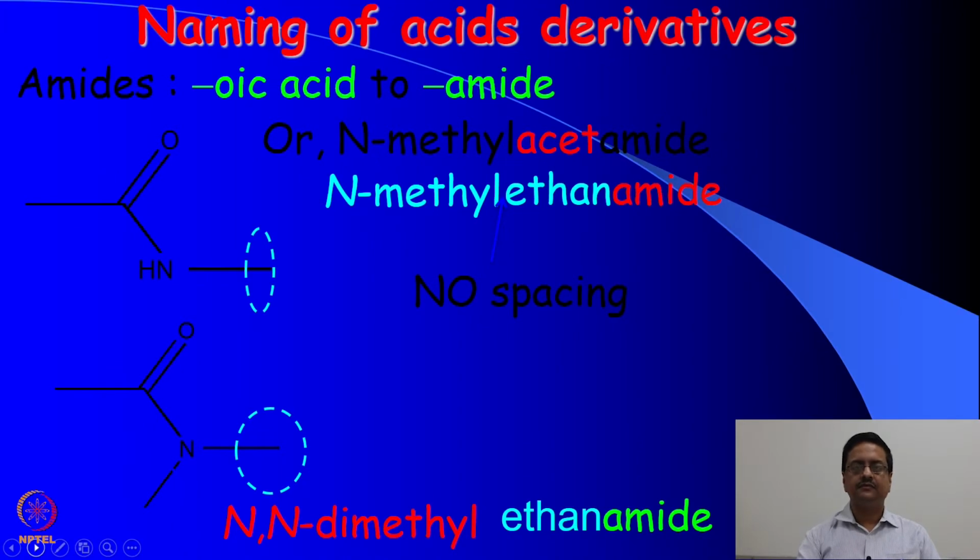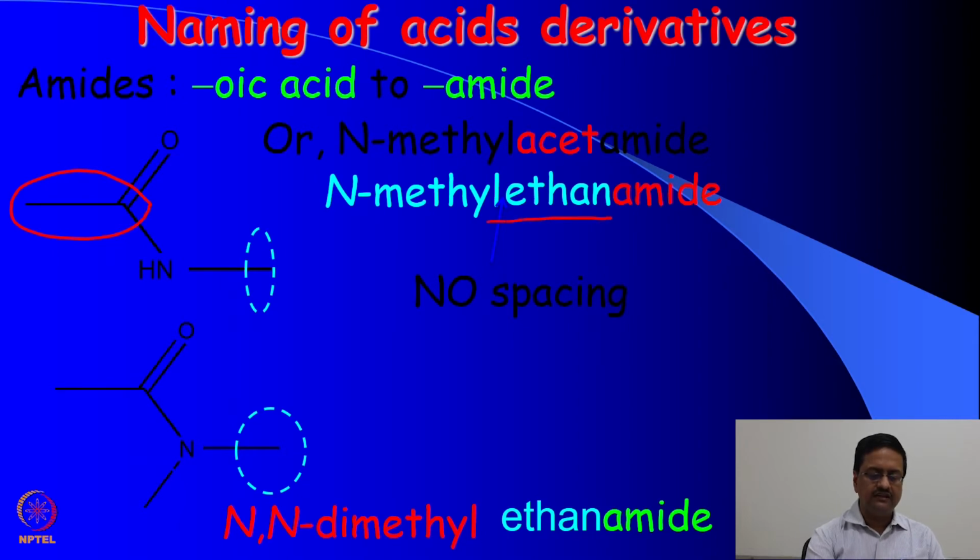The next type of acid derivative is the amide, which also originates from benzoic acid or any organic acid. So, with oic acid getting converted to amide, we write the name as amide. Here in the first example, once again it originates from ethanoic acid. So, we write it as ethanamide, and it depends what group is here.